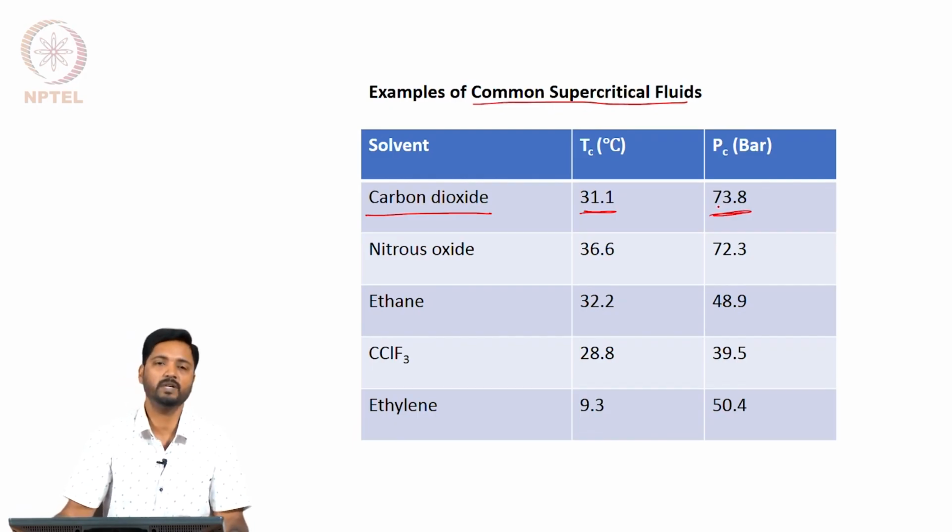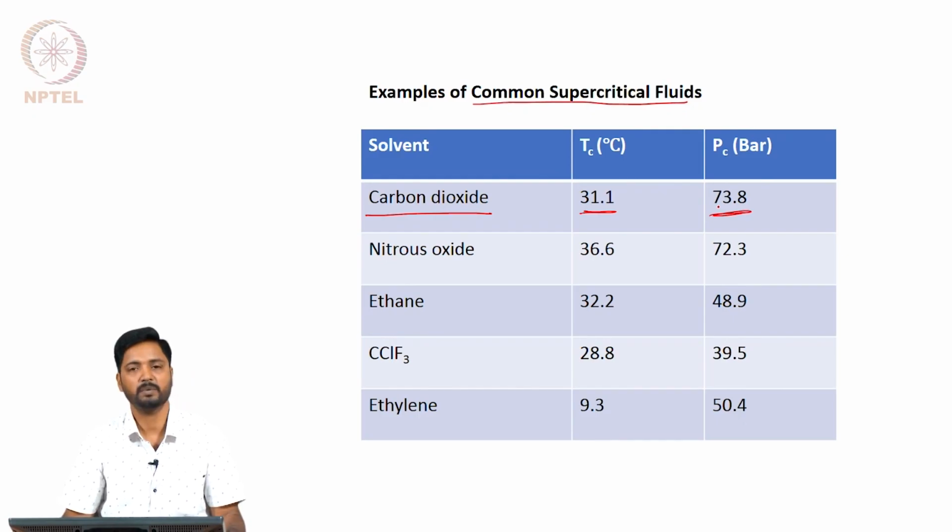So, obviously, at temperatures and pressures greater than these two numbers, the carbon dioxide will exhibit supercritical fluid properties, and as we can see that it is not very difficult to achieve the conditions in which carbon dioxide will exist as a supercritical fluid or will exhibit a supercritical phase.